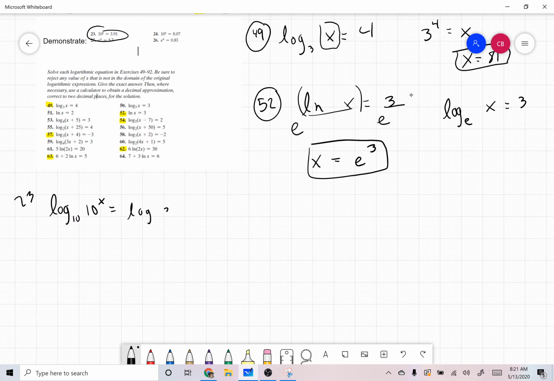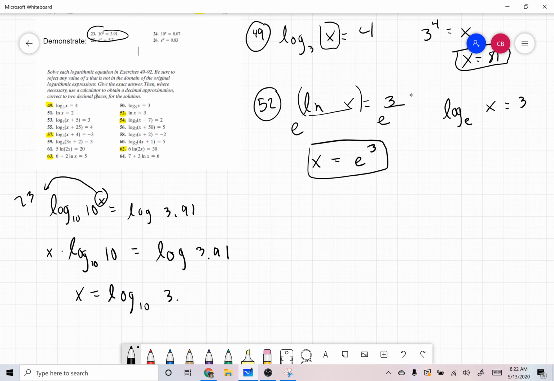So we go log of 3.91. Now remember the power rule, we write this out in front. We go x times log base 10 of 10 is equal to log 3.91. And so this says x equals log base 10 of 3.91.